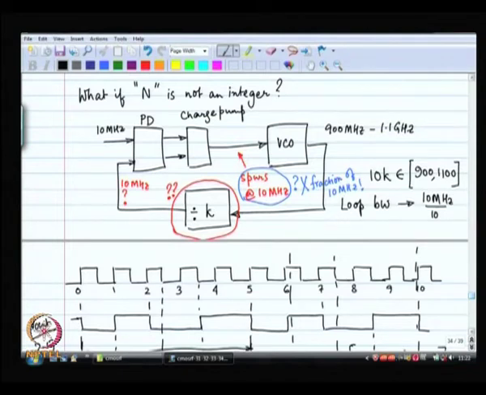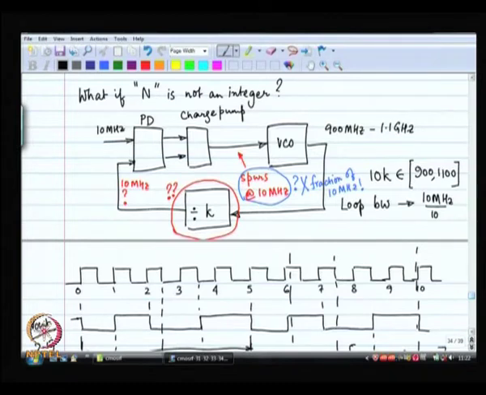K is supposed to be programmable, and I should be allowing k to be not just integers, also fractions. So, this is the basic problem. I want k to be a fraction, not just an integer. Integer is easy to do, that is what we did in the first shot.